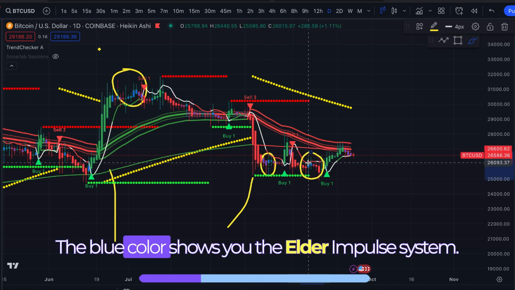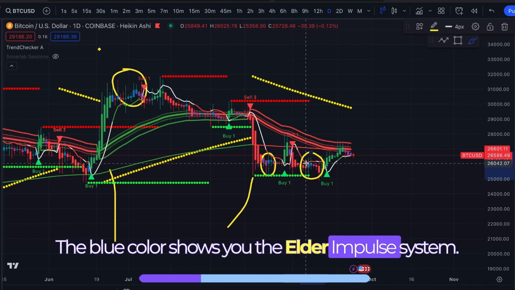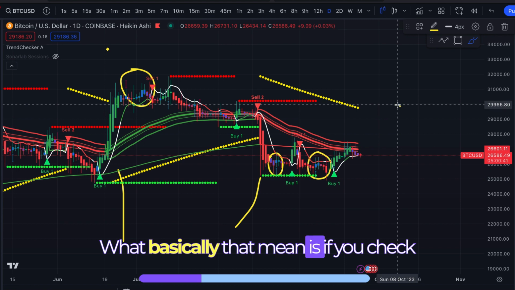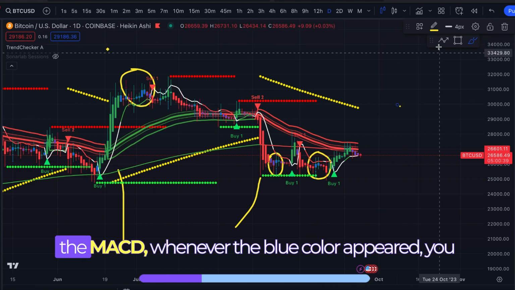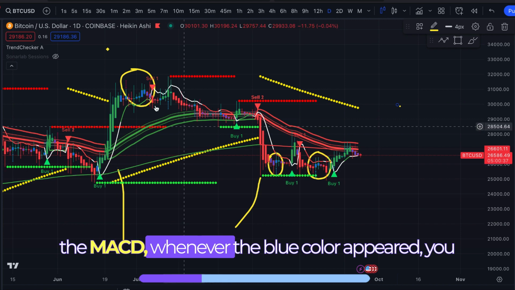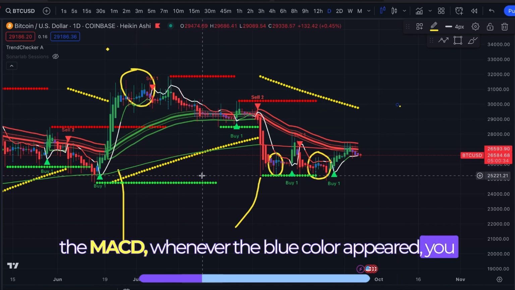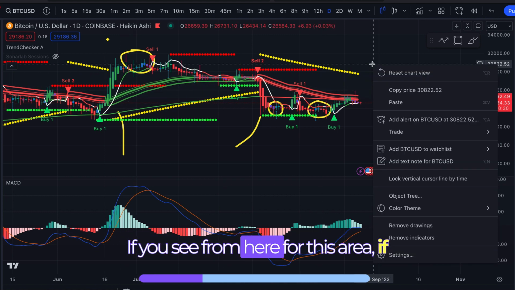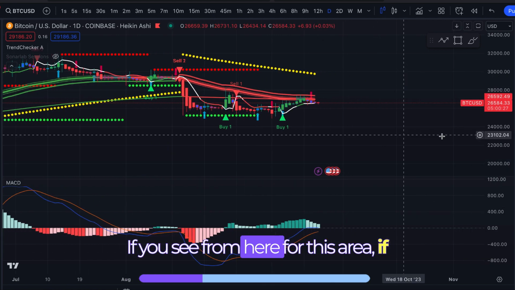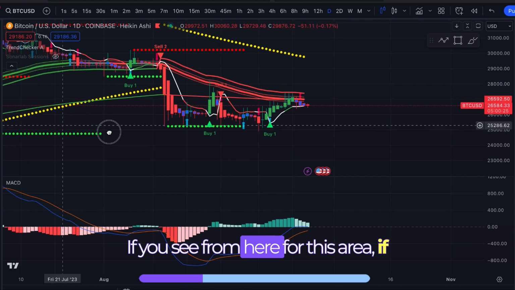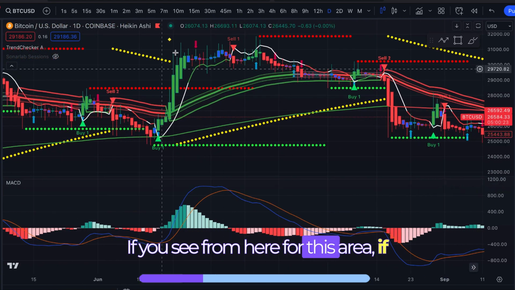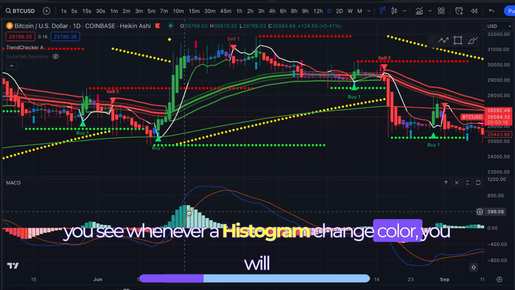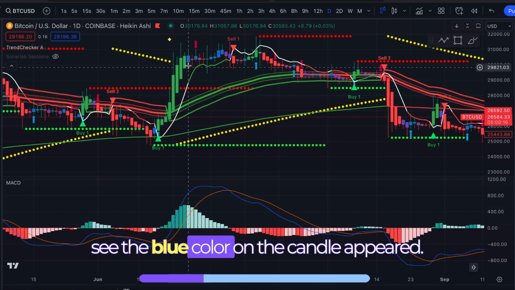The blue color shows you the Elder Impulse System. What that means is, if you check the MACD, whenever the blue color appeared, the histogram color has changed. In this area, whenever the histogram changes color, the blue color appears on the candle.